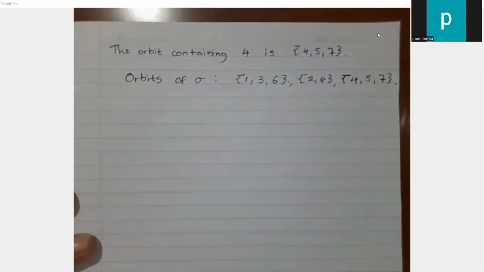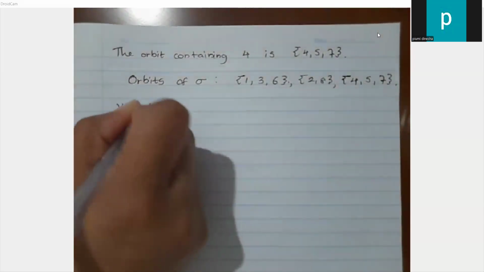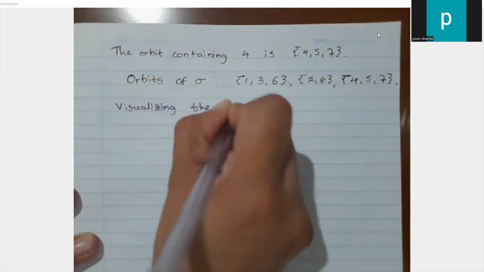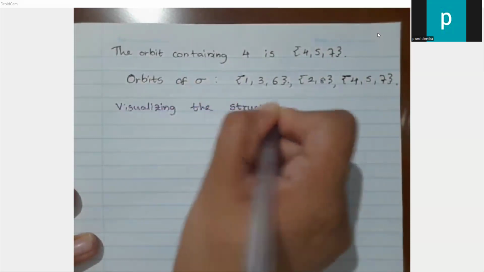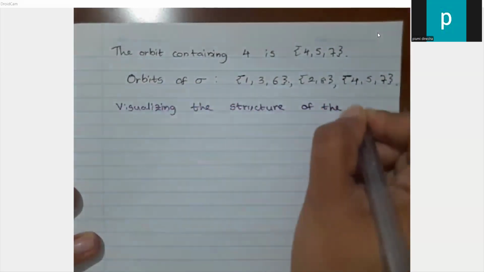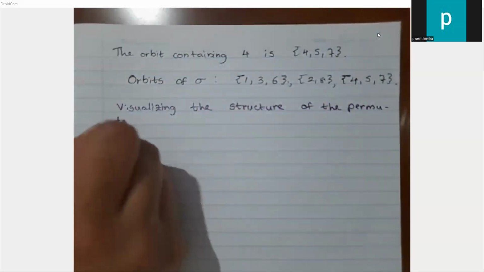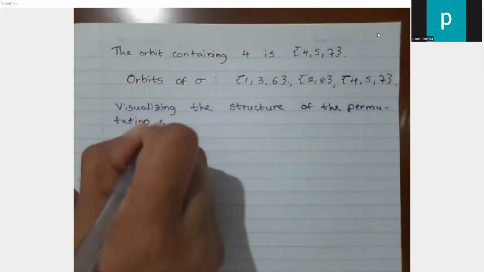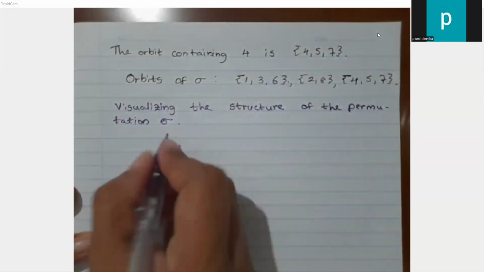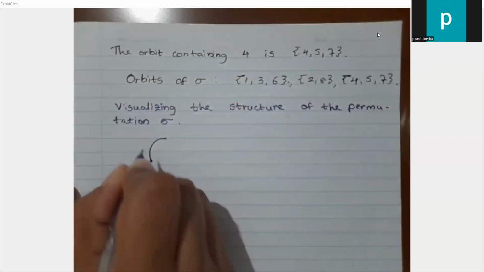So let me write: visualizing the structure of permutation sigma, right? First orbit through sigma, 1 is sent to 3, right?